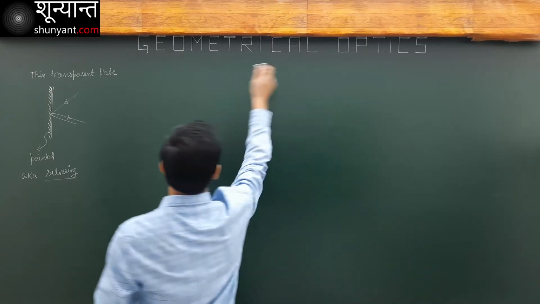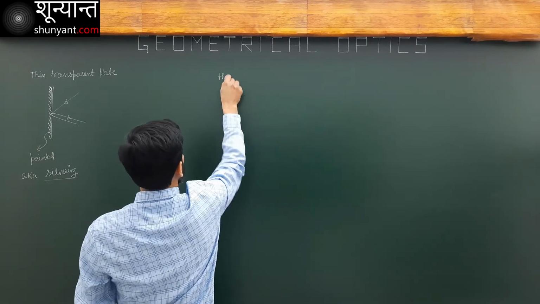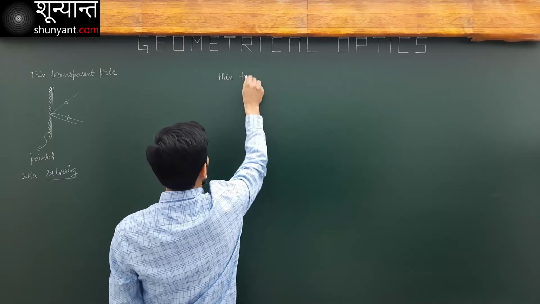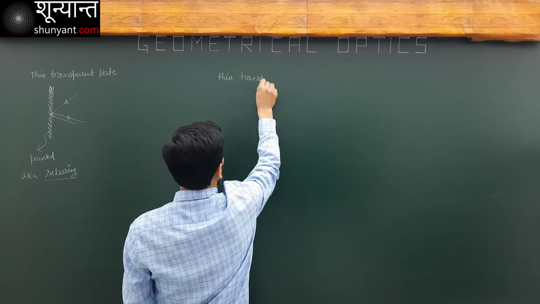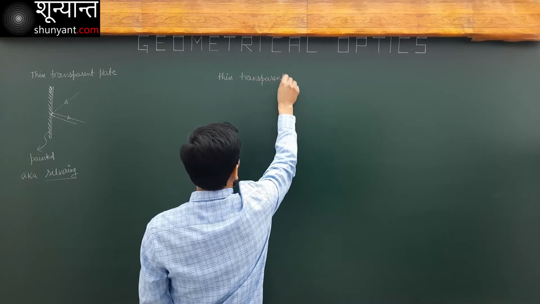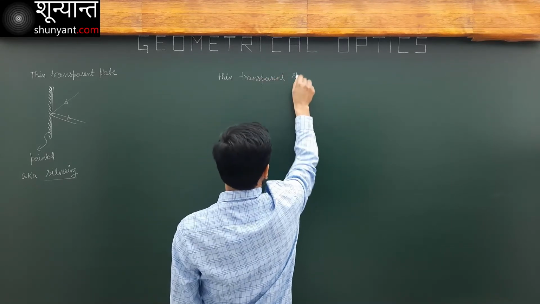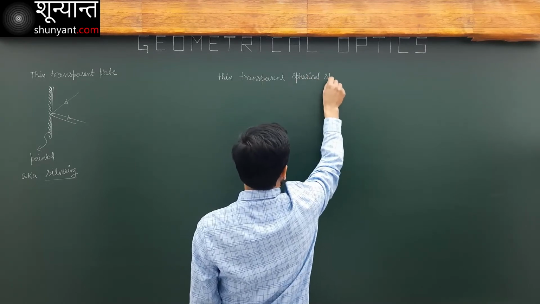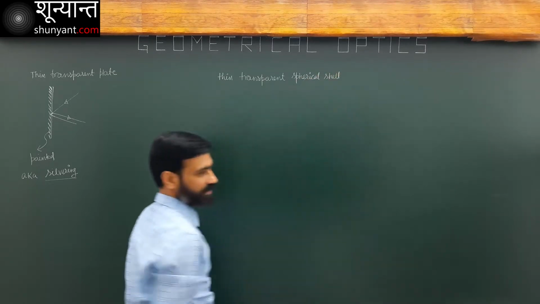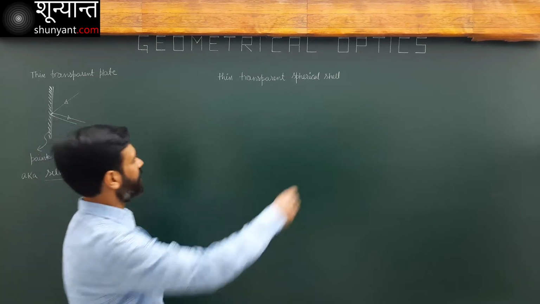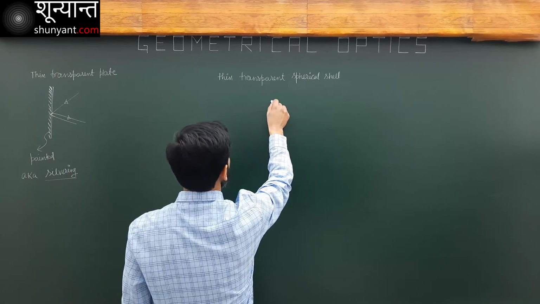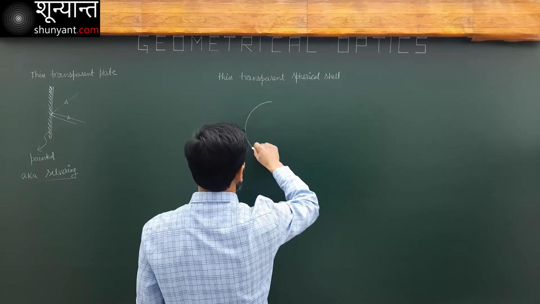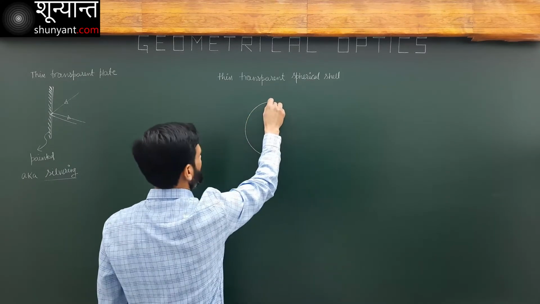What we do is we take a thin transparent spherical shell. I'm taking this shell. It can be made of glass, plastic, or any transparent material.